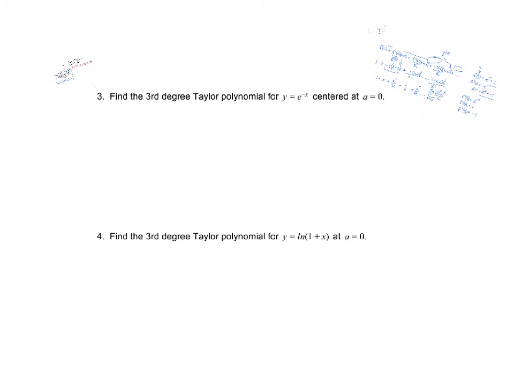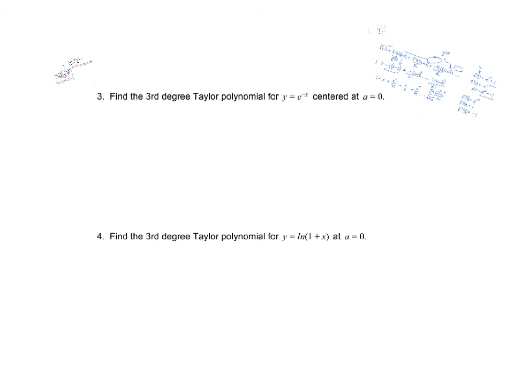I guess I can fix it. This is a 0, 0, 0, 0. And then we got the third derivative at 0 times x minus 0 to the third over 3 factorial. I'm going to stop there because that's going to give us our third degree.